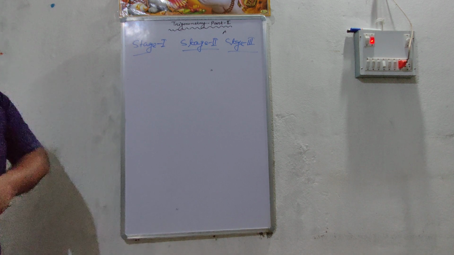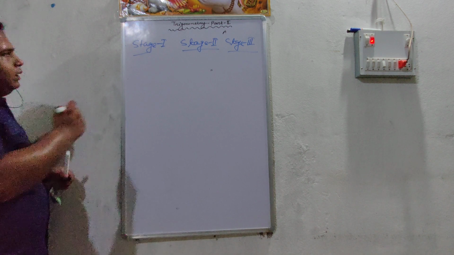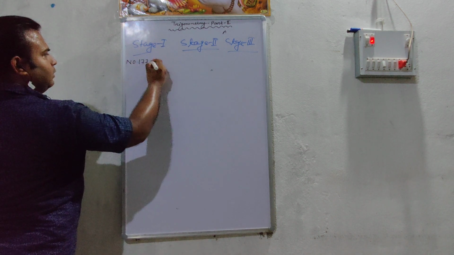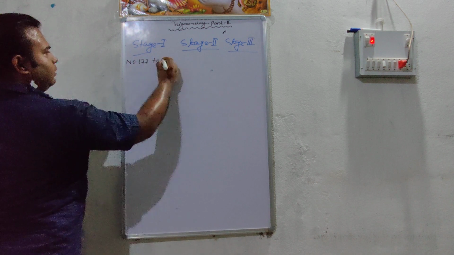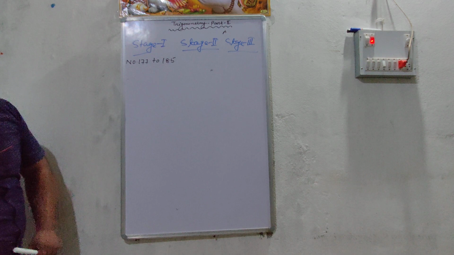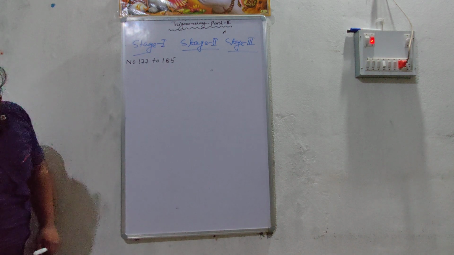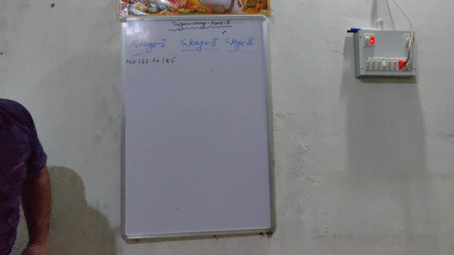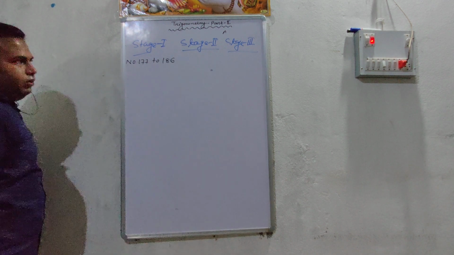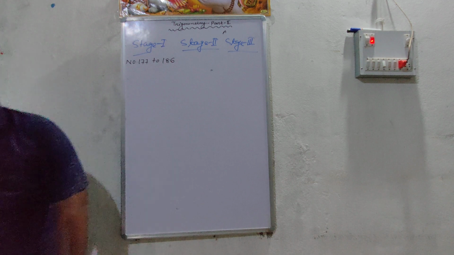For stage 1, numbers 177 to 185, all the numbers you have to do. Also 186, you can solve.